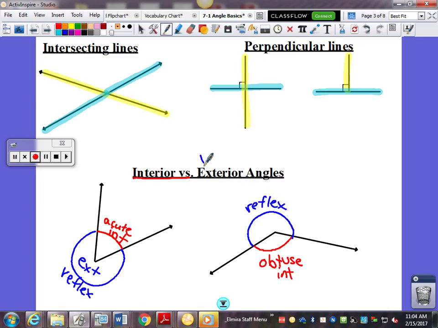So exterior angles are usually reflex. Interior angles could be acute or obtuse. I suppose they could even be a right angle, actually, to be honest. Okay, I could draw it as a right angle as well. Okay, so just so that we understand. Interior angle and exterior angle is not in your vocab chart, so this would be not one that you could look at another way.